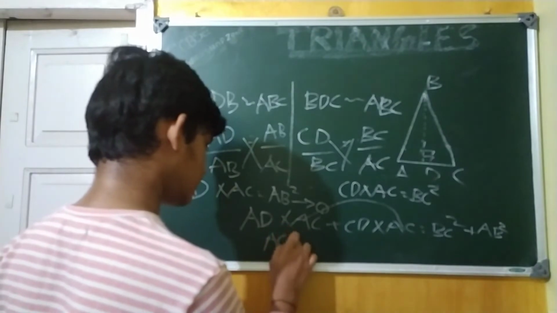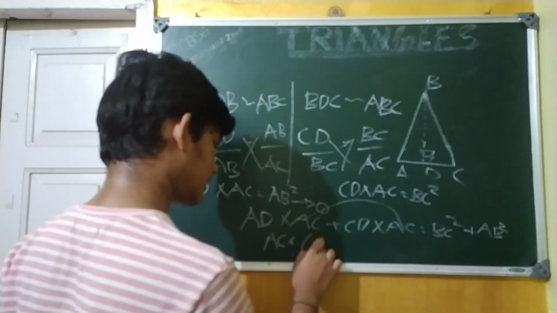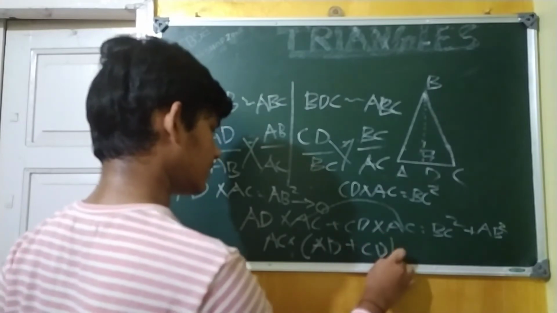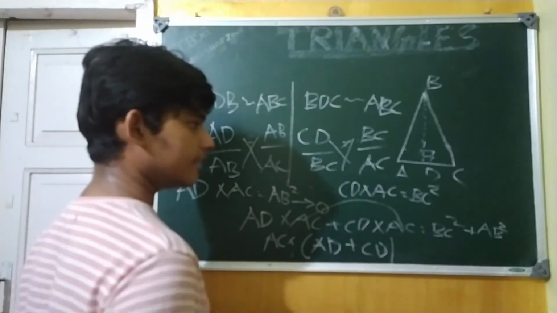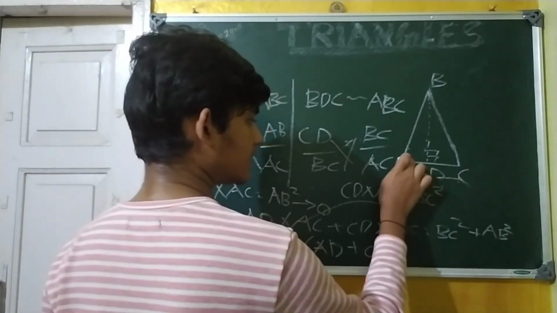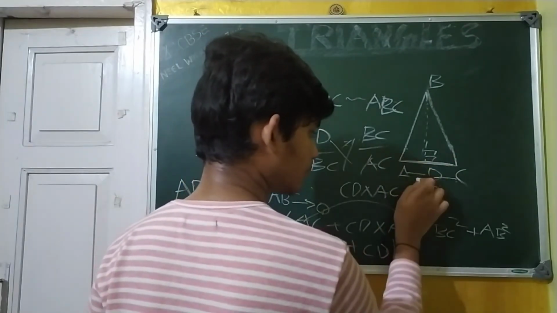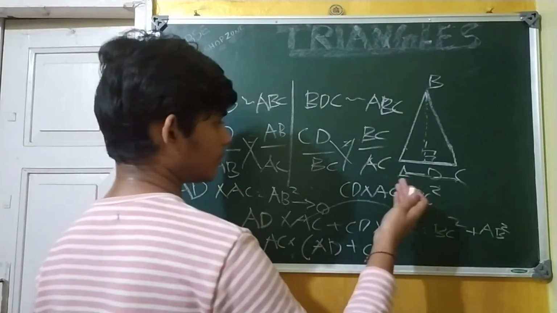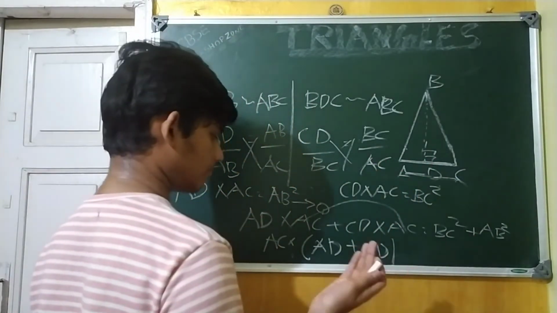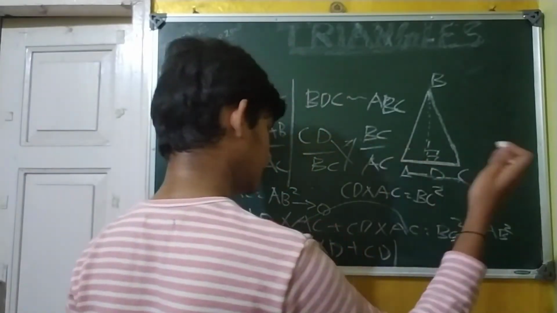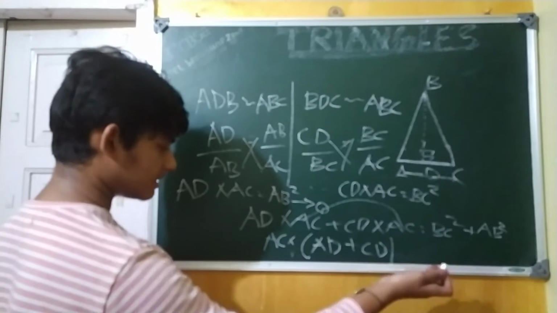So AC into, let's add AD plus CD. Now what is AD plus CD? Well, if you see here, AD plus CD is this entire line. So basically AD plus CD is equal to AC. So we can write this as just AC.